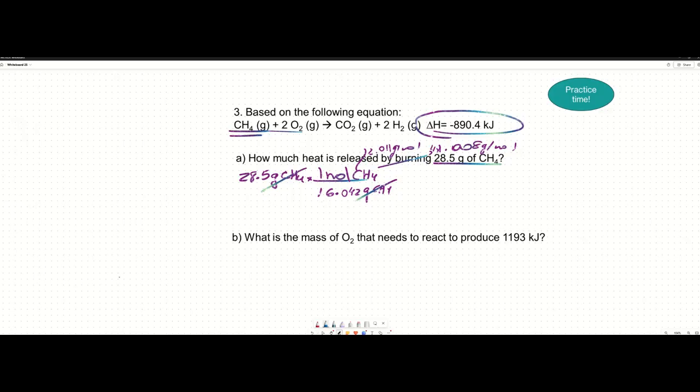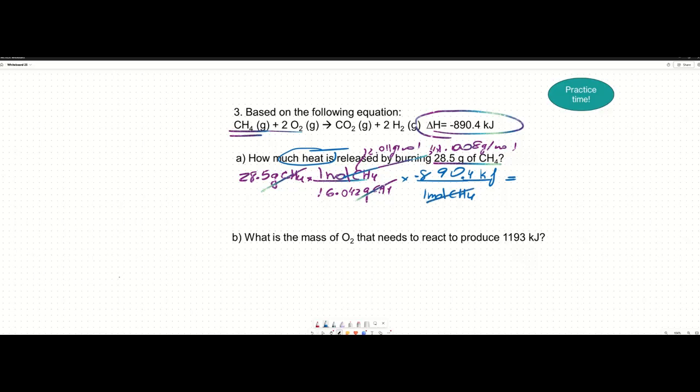So we're going to multiply. I know that 1 mole of methane, because they're asking you energy, right? So how much heat? For 1 mole of methane, I release 890.4 kilojoules, negative. So how much am I going to have here in energy?